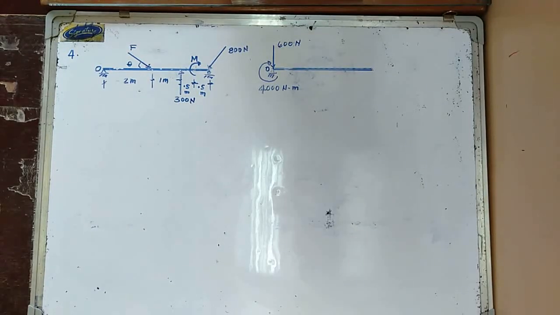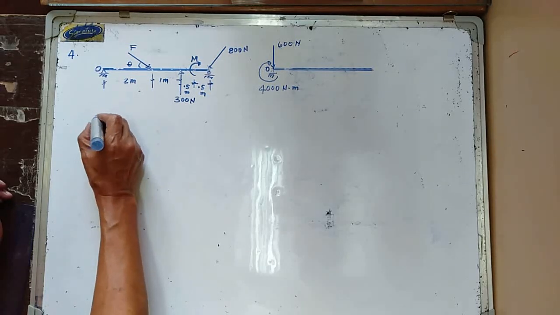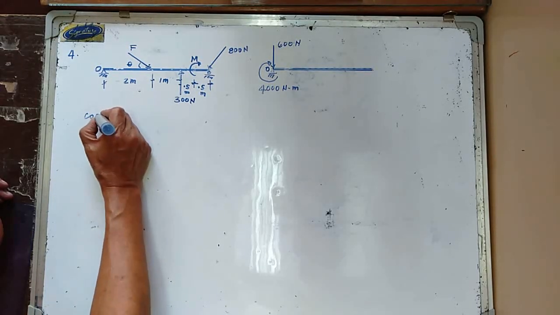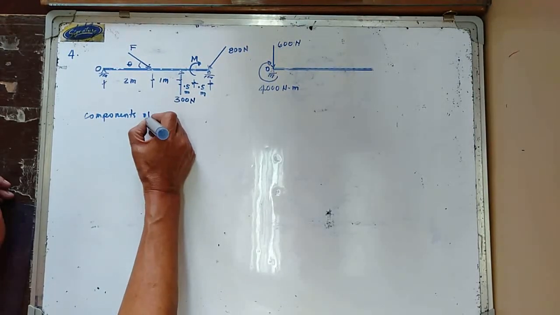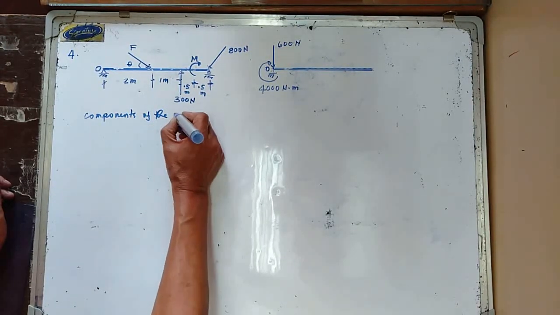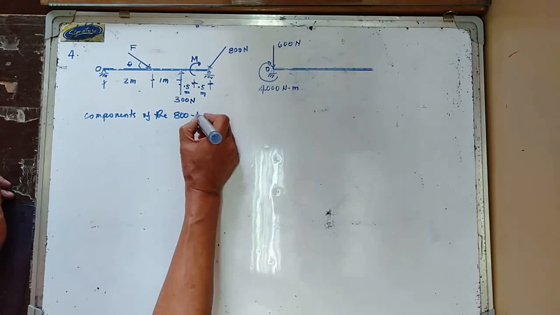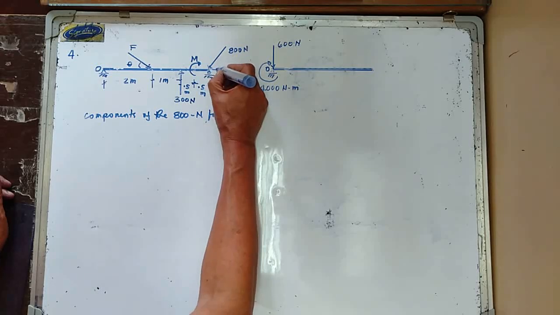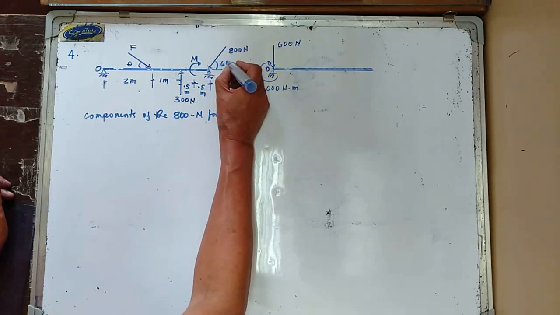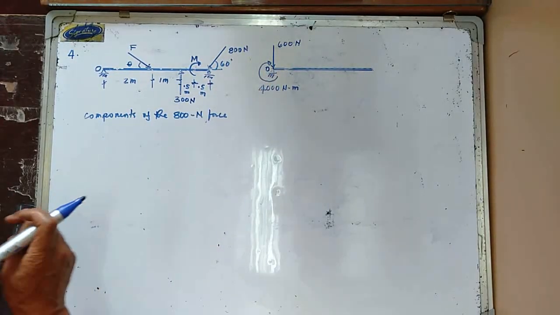So first, let's try to determine the components of the 800 Newton force. This is making an angle of 60 degrees with the horizontal.